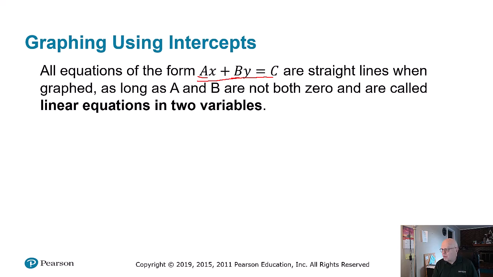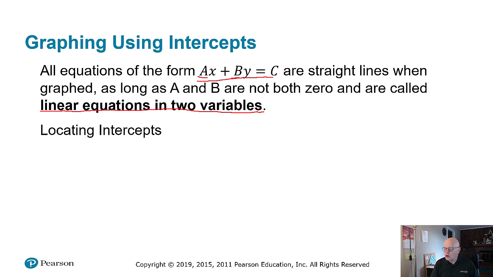If you make a and b both 0, you have 0 equals whatever c is. That's sort of strange. Not good at all. Anyway, they're called linear equations because they're lines, and two variables because you got two variables, x and y.